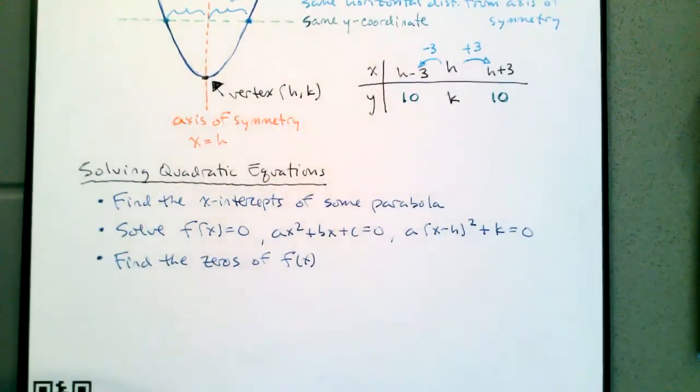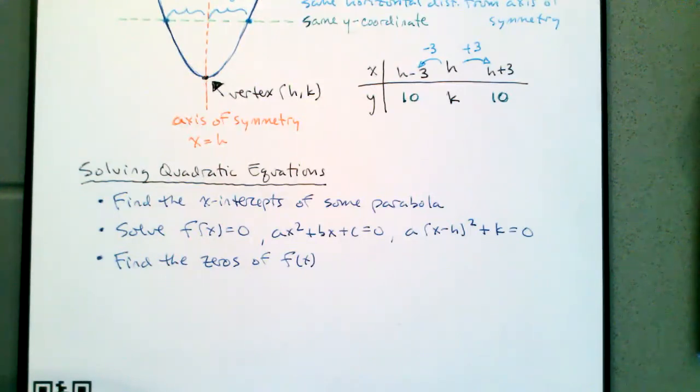The important thing to note about the solutions to the quadratic equation, or the x-intercepts of a parabola, or the zeros of a function, is that the x-intercepts will have the same y-coordinate, 0.